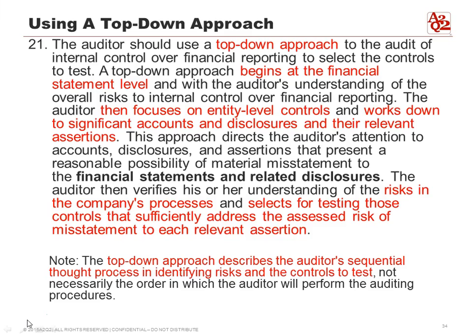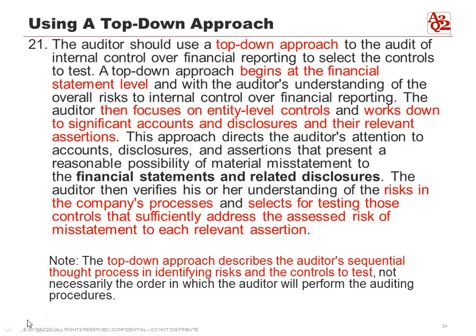The difference is a GL or a trial balance. If you go through, let's say, a cash balance on the financial statement level, let's pretend it's $1 million. That $1 million could be made up of one bank account that is in the GL, or it could be made of 100 GL accounts that aggregate to the $1 million. And in this top-down approach, it says, look at cash as a whole, the total financial statement level.